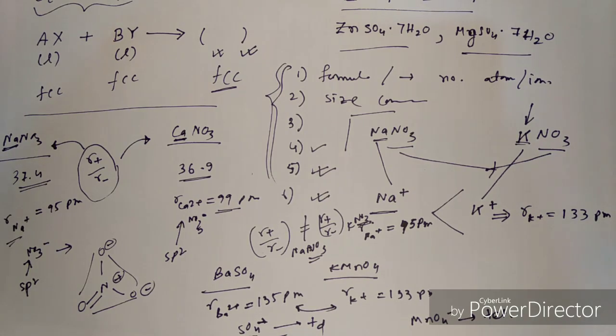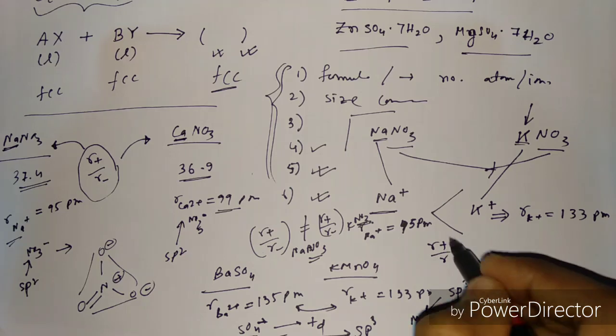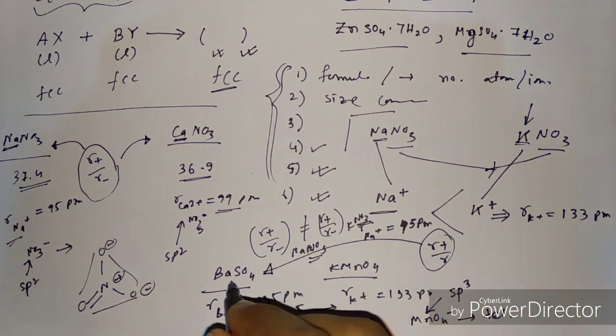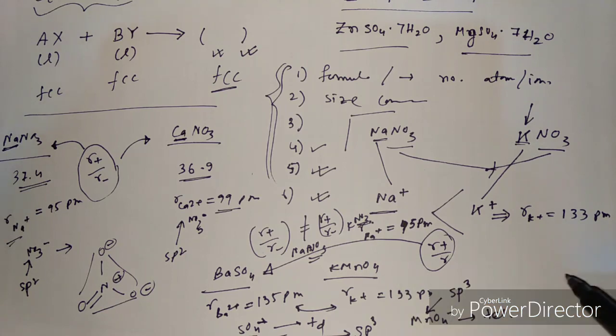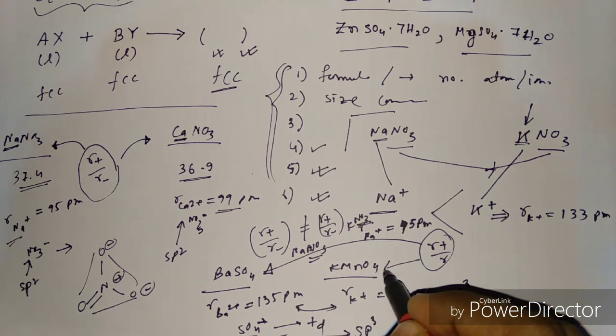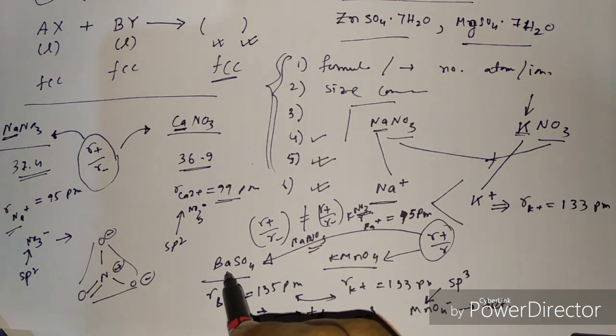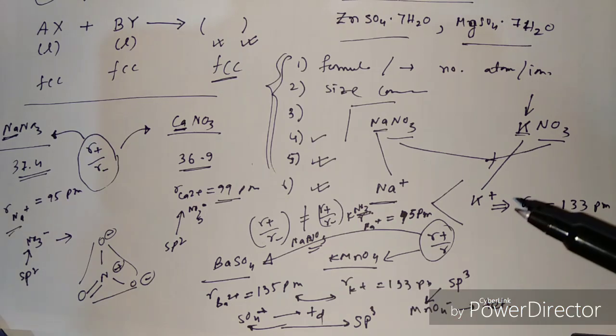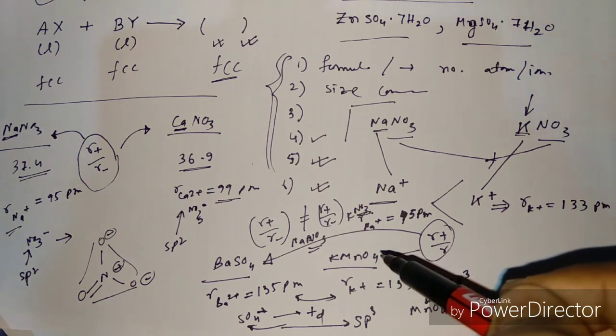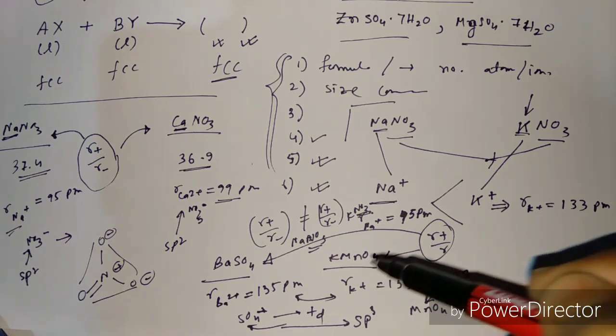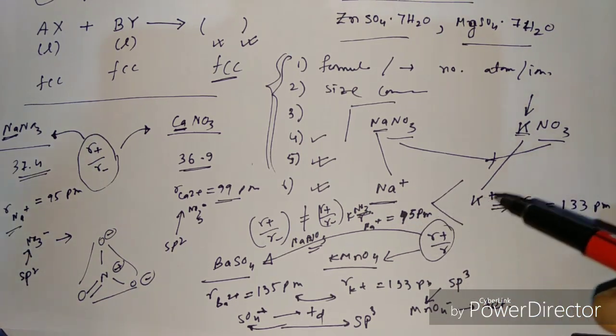The sulfur atom is in sp3 hybridization. The manganese atom is in sp3 hybridization. Also, R plus by R minus, that is the radius ratio of BaSO4, is nearly similar to that of KMnO4. That is why both show isomorphism, and KMnO4 and BaSO4 are isomorphous to each other. Okay, and that is why they will precipitate simultaneously, or form crystals simultaneously.